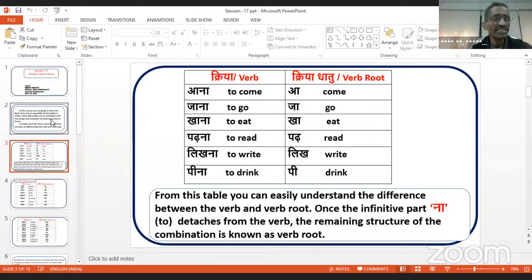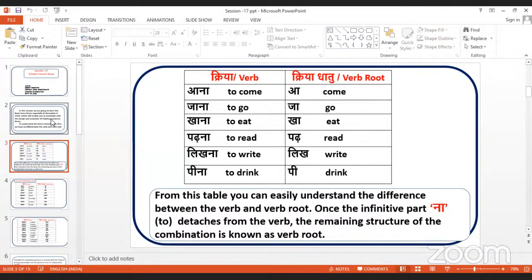Somewhat we can see that both are the same, but at the same time there is some difference also. The verb in Hindi is known as kriya, and the verb root in Hindi is known as kriya dhatu. Before reaching the simple present tense form, very first we will see the difference between verb and verb root, kriya and kriya dhatu.